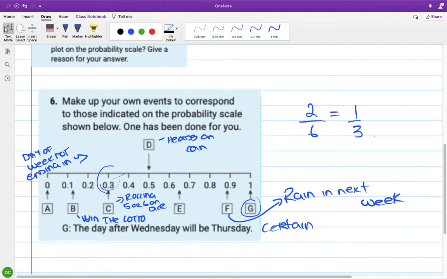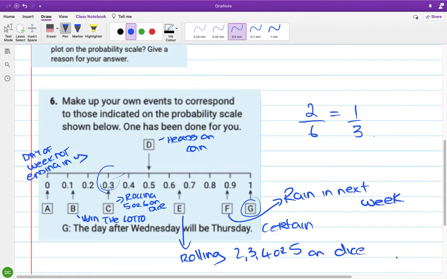Or you could stick with the dice example and say rolling 2, 3, 4, or 5 on a dice. That's 4 of the numbers on the dice out of 6, which is 2/3. And that's approximately where that is, about 2/3 of the way down the line. So anything that would fit under those descriptions.